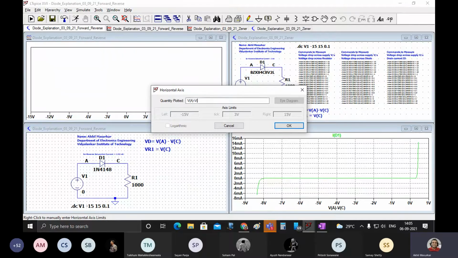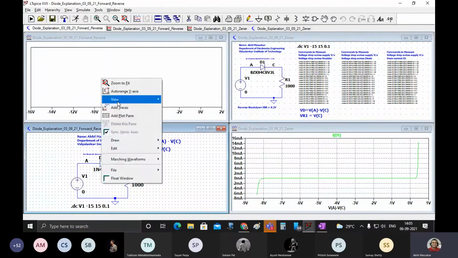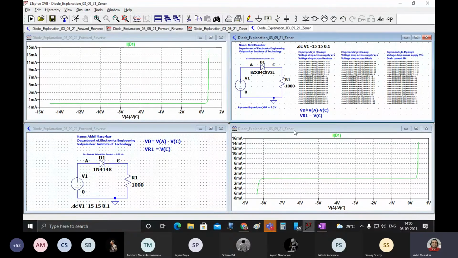Now I want you to plot. See, this is the Zener and this was the normal diode. So in this circuit we are having Zener, and in this circuit we are having a normal diode. I want you to plot both things on one screen only. Here you should be able to see the normal diode, and here you should be able to see the Zener diode.